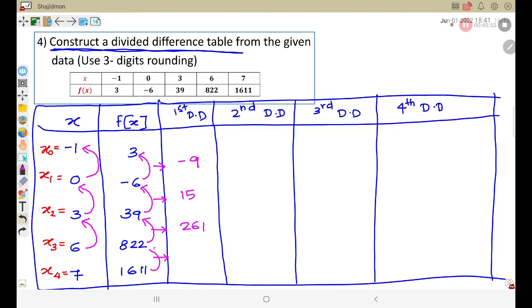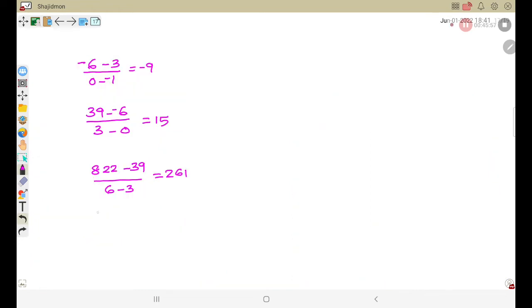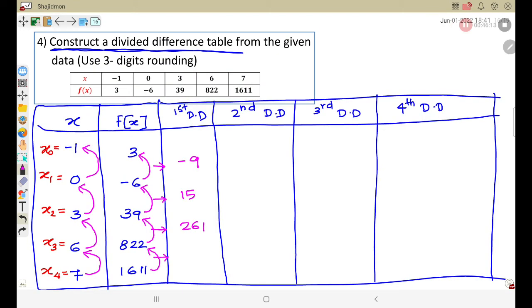Now this number minus this number divided by this number minus this number, correct. So we can write 1611 minus 822 divided by 7 minus 6, you will get 789. So I can write here 789.